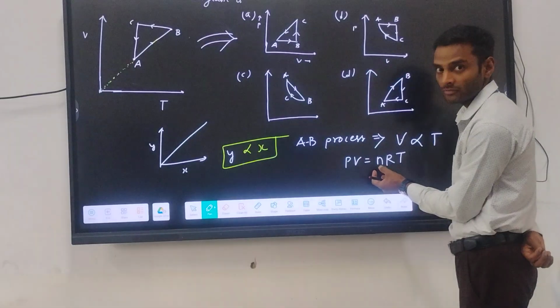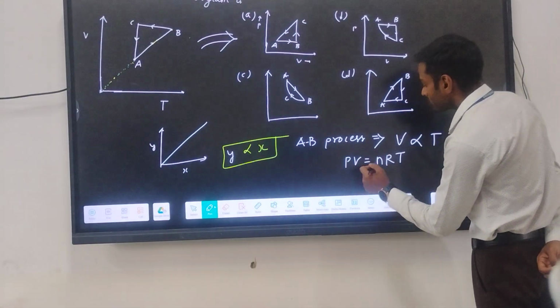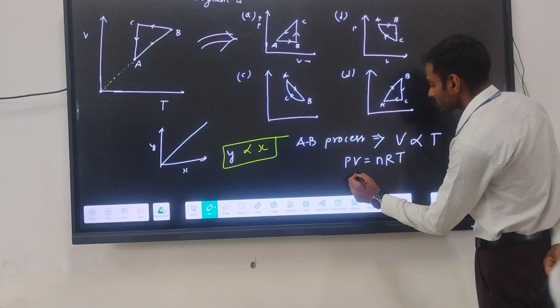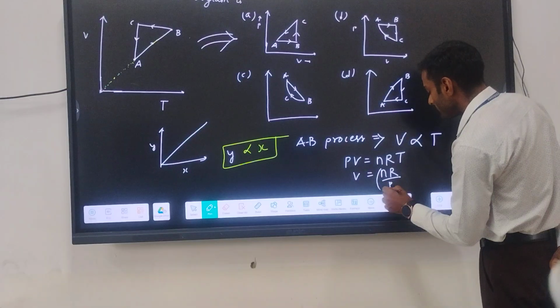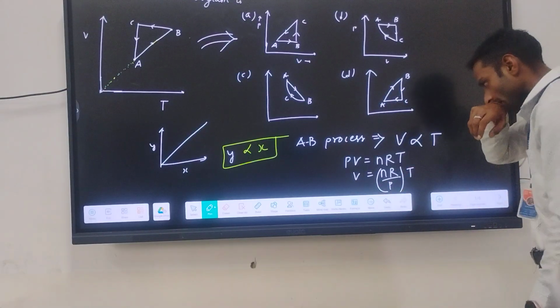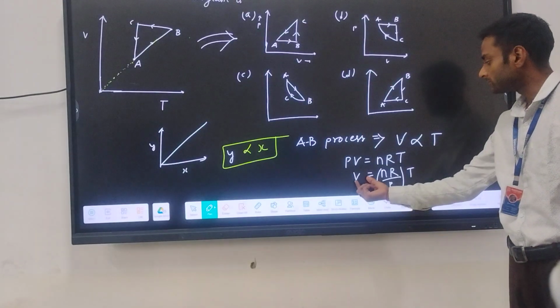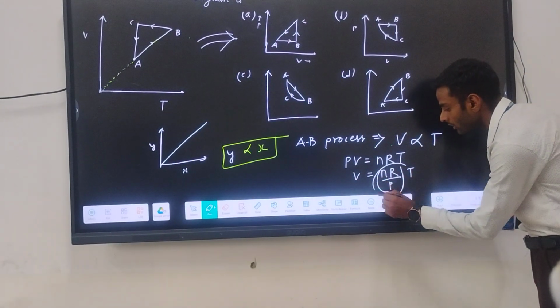What is n here? Number of moles. If you write V is equal to nRT over P, it is saying that V is directly proportional to T. That means this nR over P should be constant.